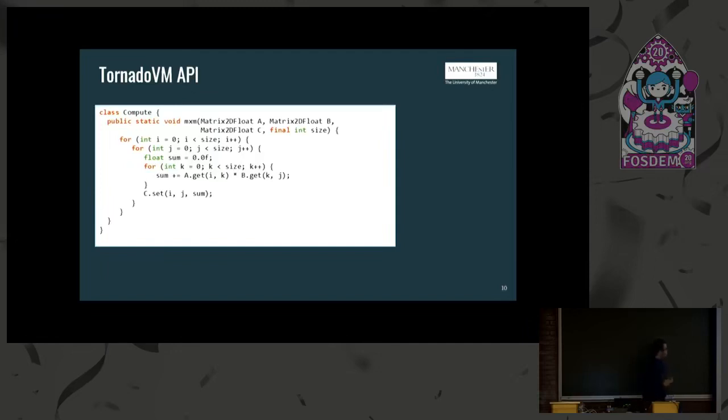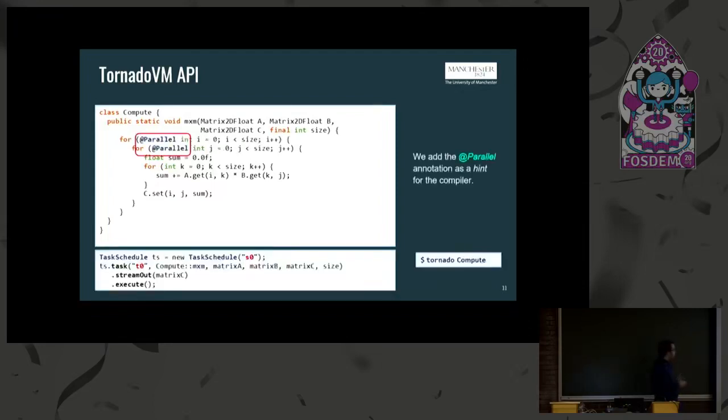The only way the programmer can parallelize the code with TornadoVM is by using the @Parallel annotation, which is exposed to the programmer to indicate that these loops could be parallelized. This is a hint, and that's all done with the modification of the method.